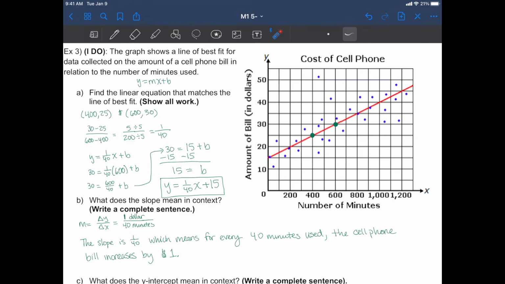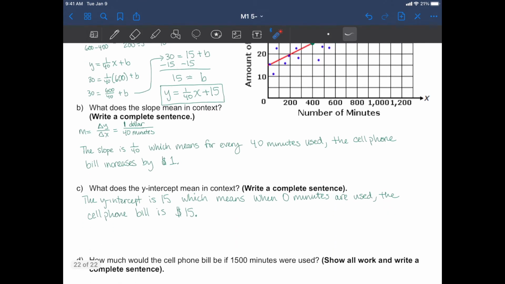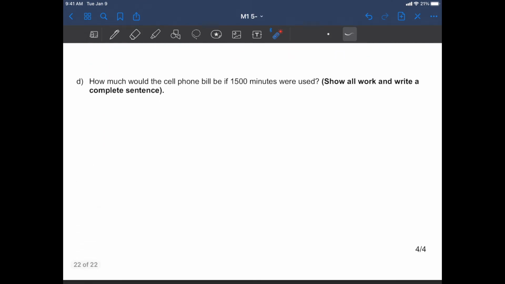It is not guaranteed that the bill will be this amount when we calculate it. We can't see it on this graph because 1,500 minutes is off of the graph somewhere. We only see up to 1,300 minutes. We can probably estimate what the bill will be, but we will have to use that equation that we found in order to answer this question. So we're going to go ahead and do that.